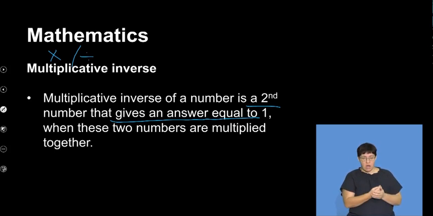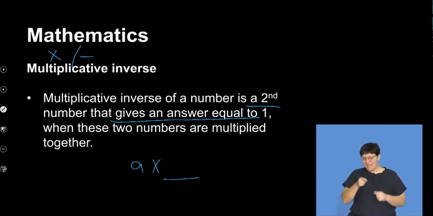So if I have a, whatever that I multiply a with, I must always get 1 for it to qualify to be called a multiplicative inverse. So you know this will be the same as 1 over a, and that will give me 1.